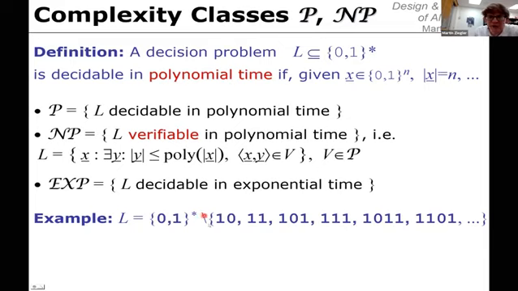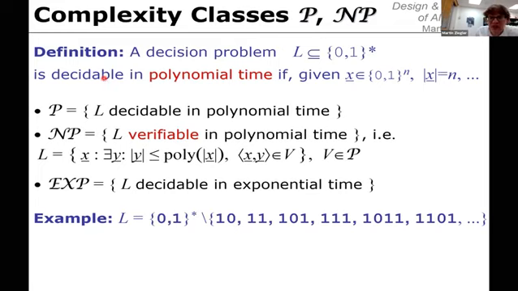And here we have this backslash, the set minus sign, which means that L consists of all binary strings which are not binary encodings of prime numbers. So deciding L as a decision problem formalizes the question whether a given integer is not a prime number.